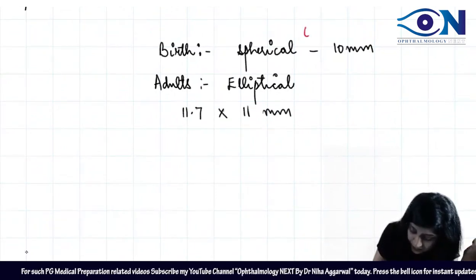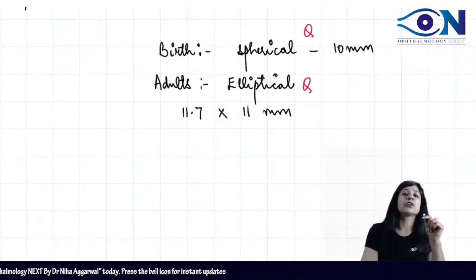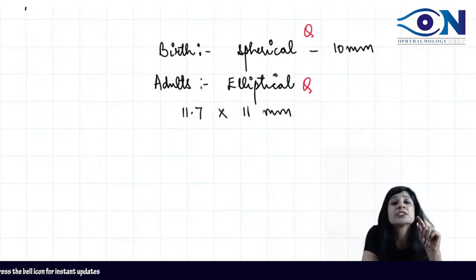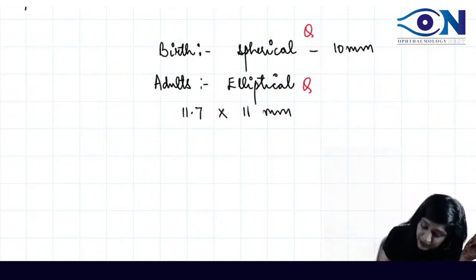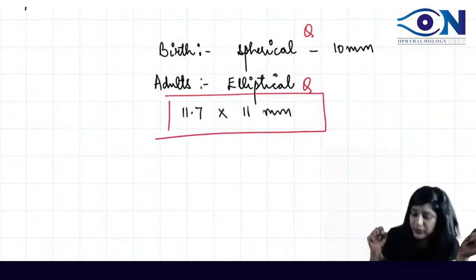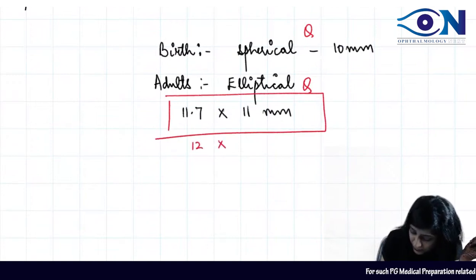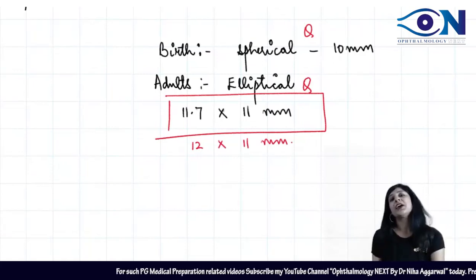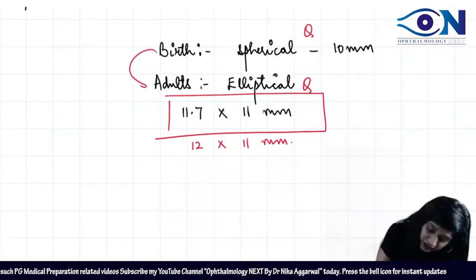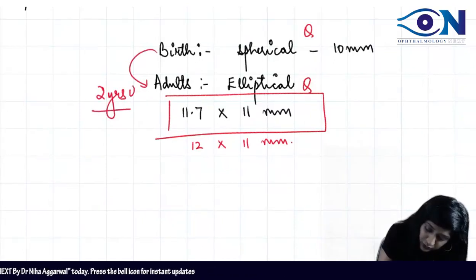Because it is spherical at birth, it has equal diameters, but in adults it is elliptical, so we have 11.7 into 11. Roughly you can remember it as 12 by 11 mm. The age by which we get these adult dimensions is 2 years. Third important thing: it is by 2 years.